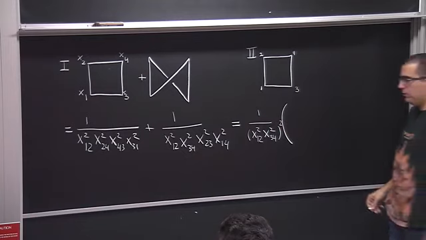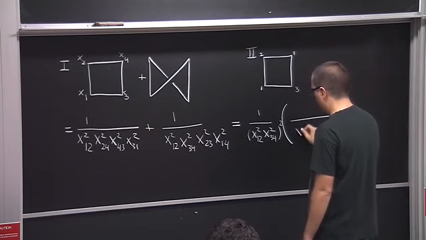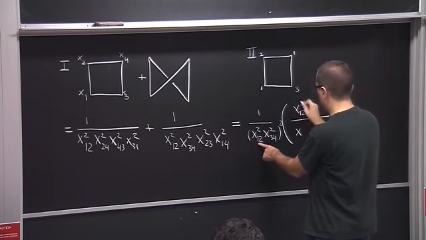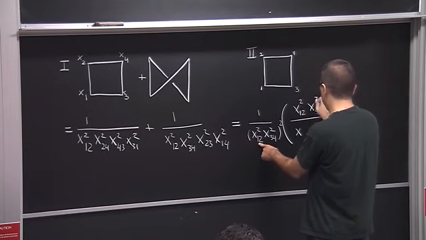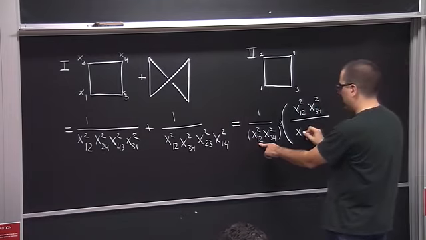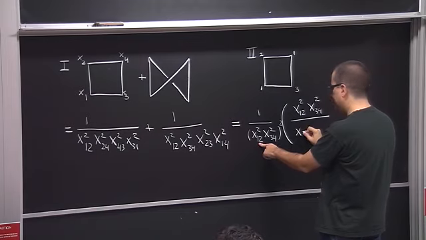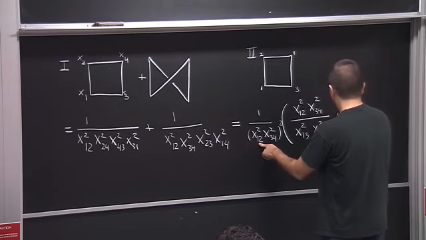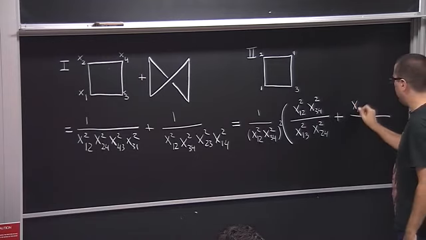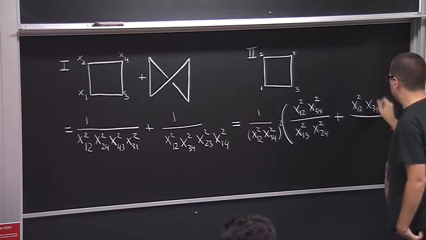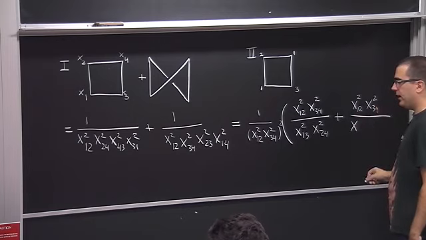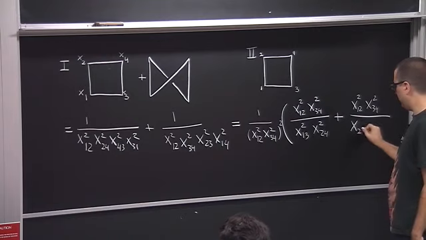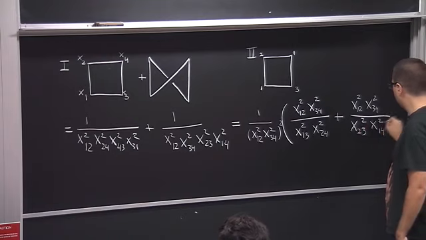And now let's see what we have to fix here. Now in one case we have, so we removed too much, so we still have to put here x12 square, x34 square, now to compensate because we removed too much. And here we got x13 square, x24 square, plus, and the other term, x12 square, x34 square over x23 square, x14 square.